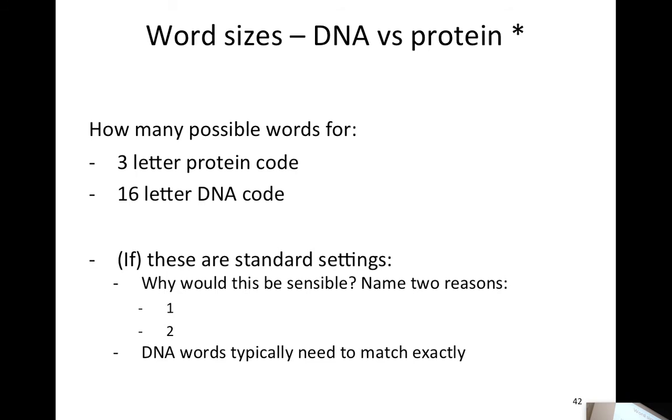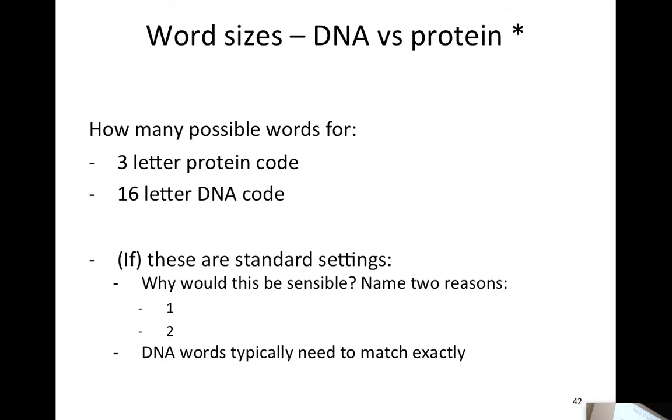So we have 3 letters. For DNA we have 16, sometimes also slightly smaller letter combinations. So why do we have a smaller word size for protein than for DNA? Is that clear to everyone? There are more amino acids. There are more amino acids, right?